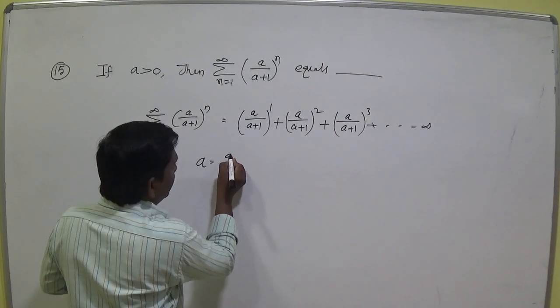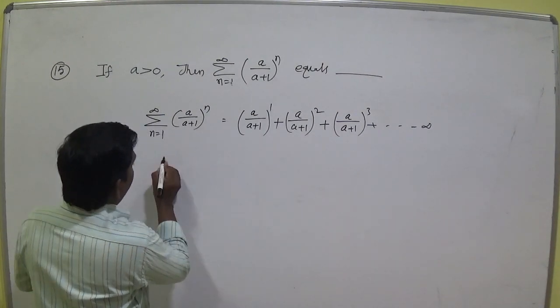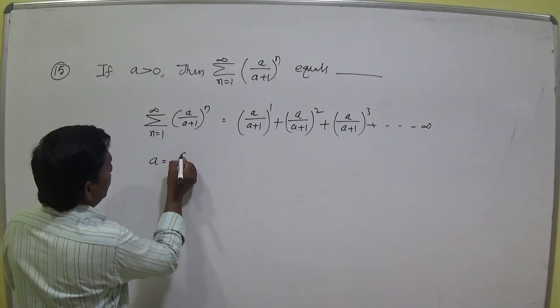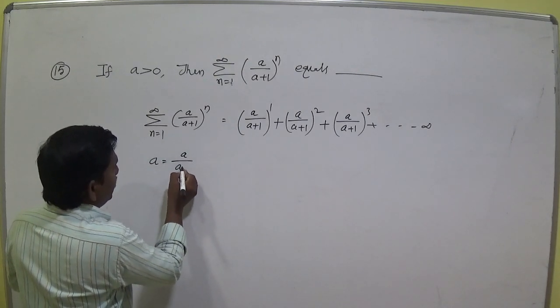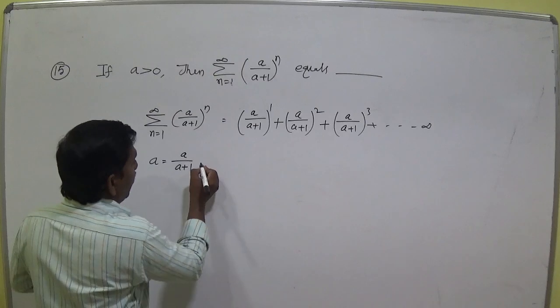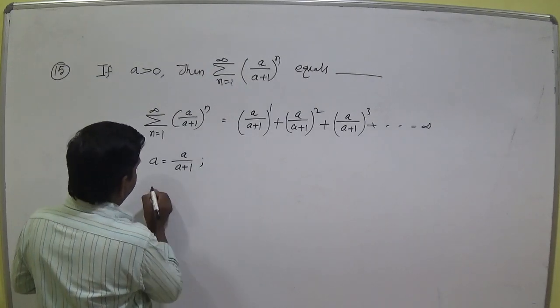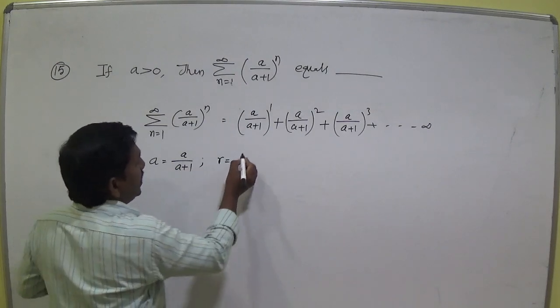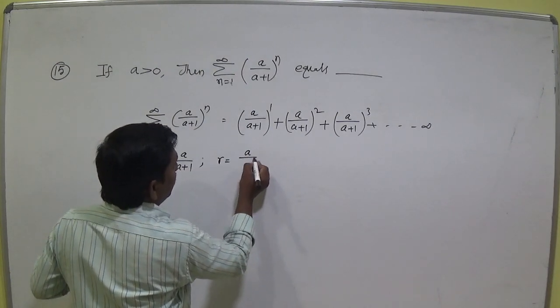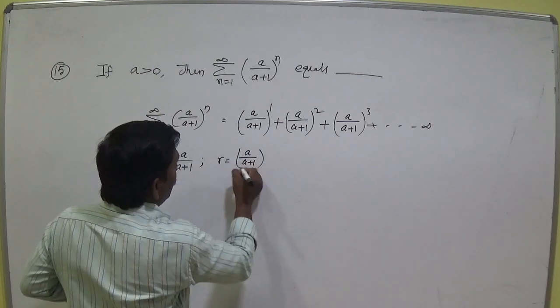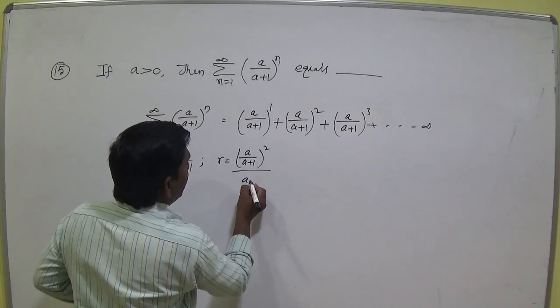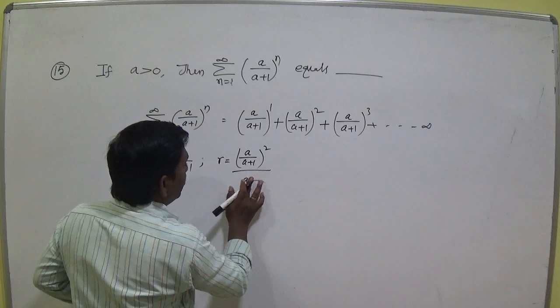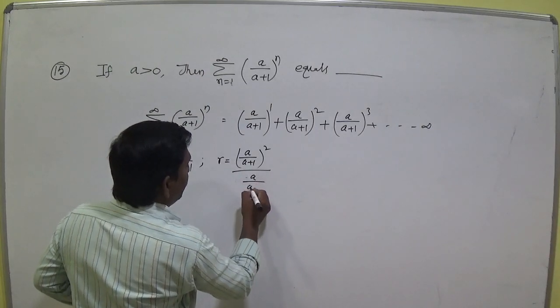So here a equal to a by a plus 1 and r equal to a by a plus 1 whole square by a by a plus 1.